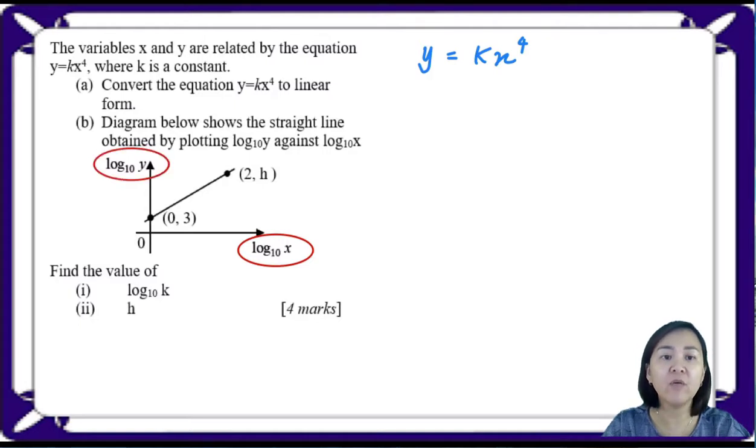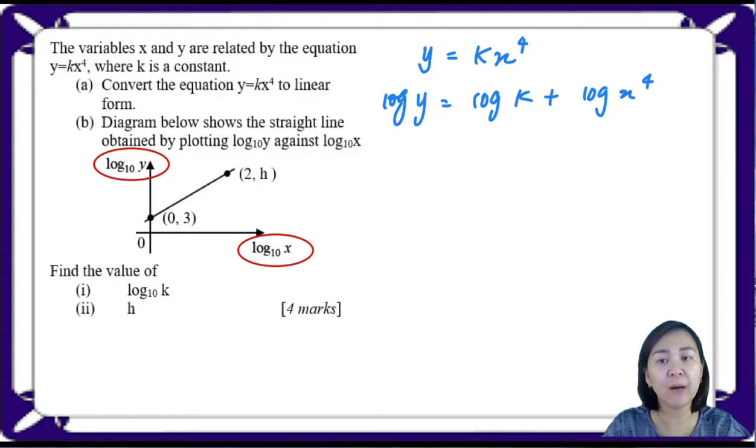Therefore, we need to transform it into log y against log x by using the law of logarithm. So that will become log y equal to log k plus log x to the power of 4. Remember the law of logarithm, the addition law of logarithm. Then we need to bring down the 4.